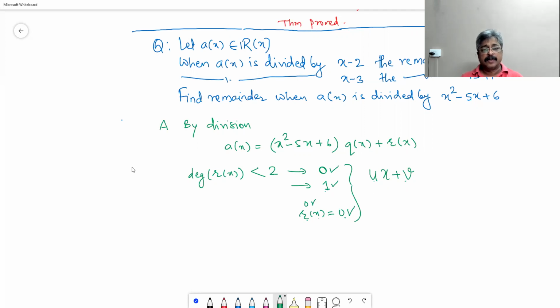Okay. By division algorithm, your divisor polynomial is having degree 2. Therefore, remainder polynomial will have degree 0 or degree 1, or the polynomial itself will be 0. So wisely we will assume remainder polynomial as u x plus v, where u and v are real numbers.